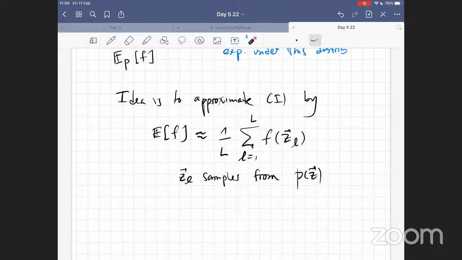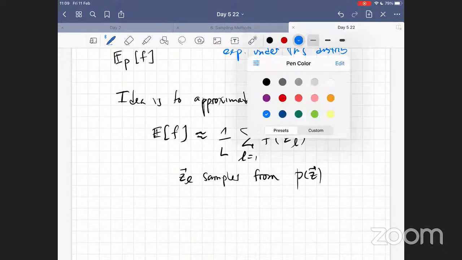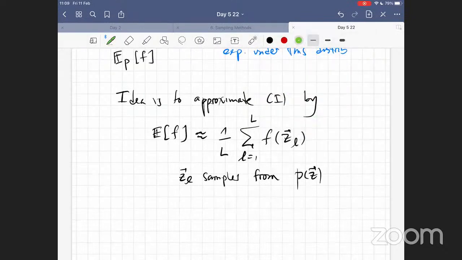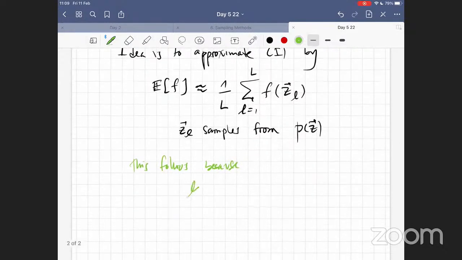Of course, why does this work? This follows from something that we have seen before: the limit where n tends to infinity of the sample mean gives you the expected value of the variable.